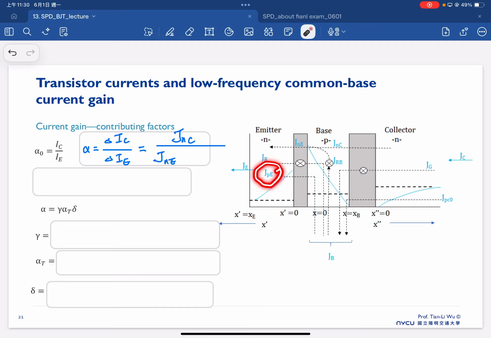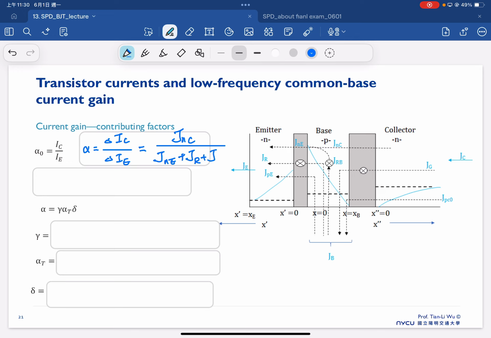These are all the currents that will reach the emitter side. So that's the first step.